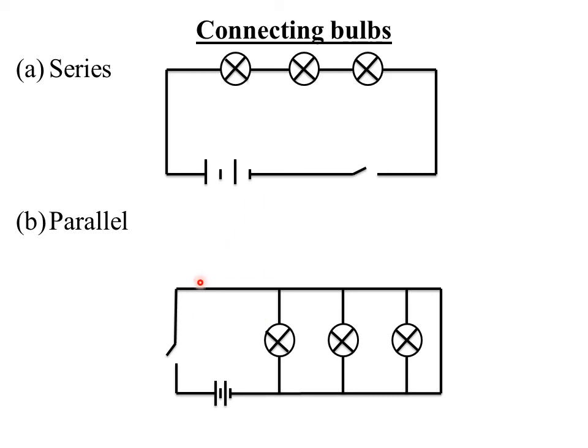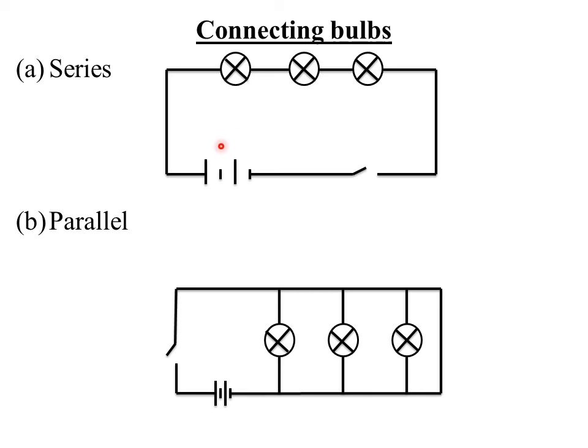The advantages are, one, if one of the bulbs is disconnected, the rest continue lightening. Two, when bulbs are arranged in parallel, they give more brightness than when connected in series. So that is how we connect the bulbs, in parallel and in series.